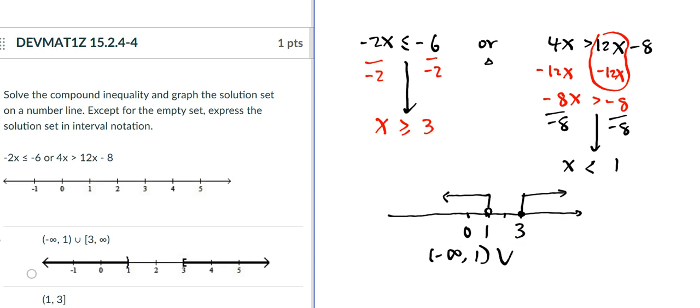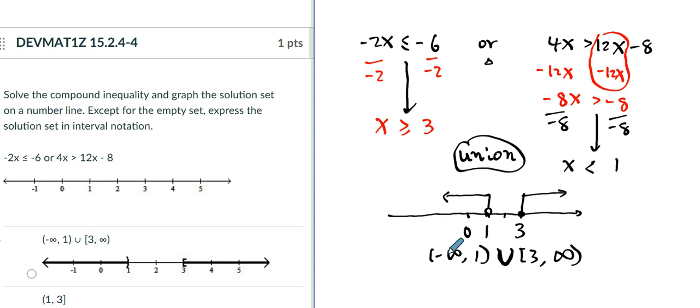And then union. This all means what? Means union. Union is like this shape, like a U, but it's not U. Okay. 3 is included to the positive infinity.